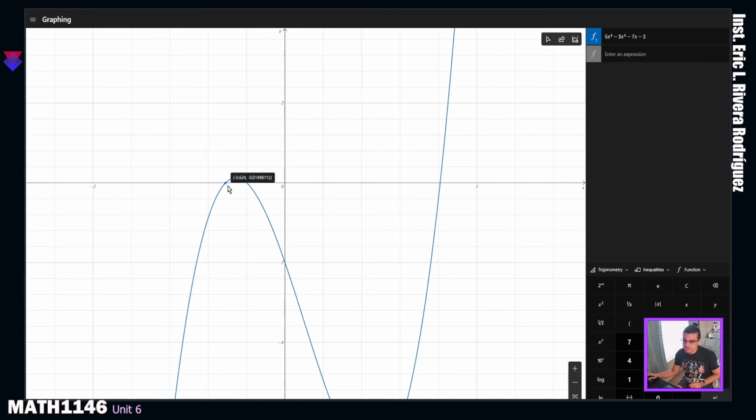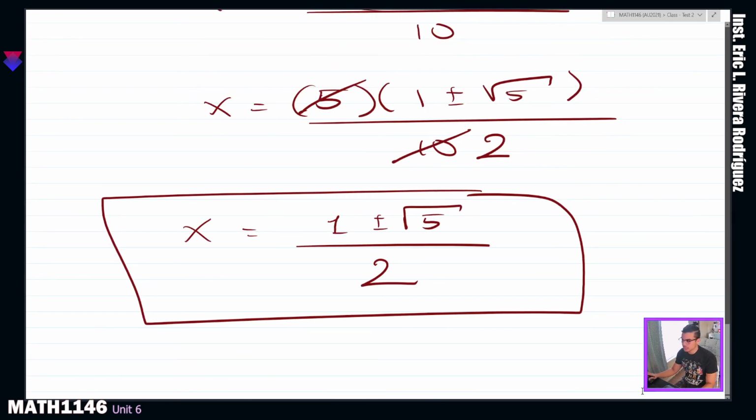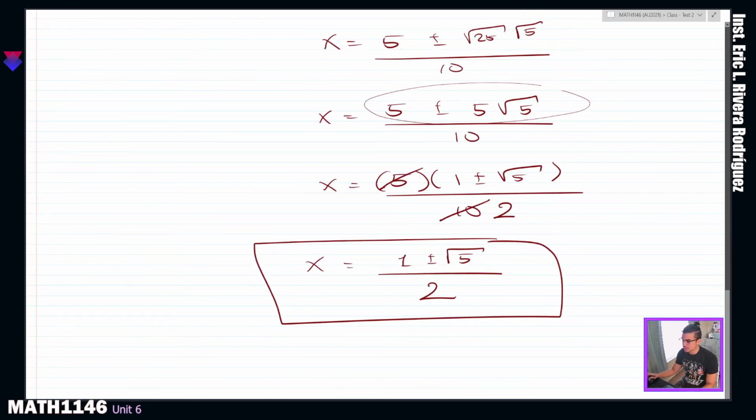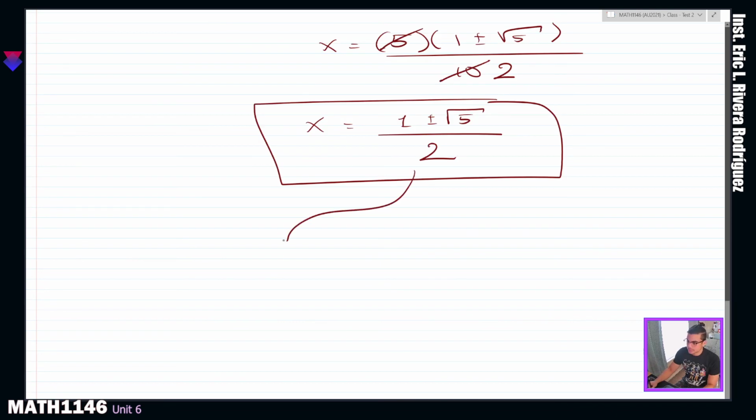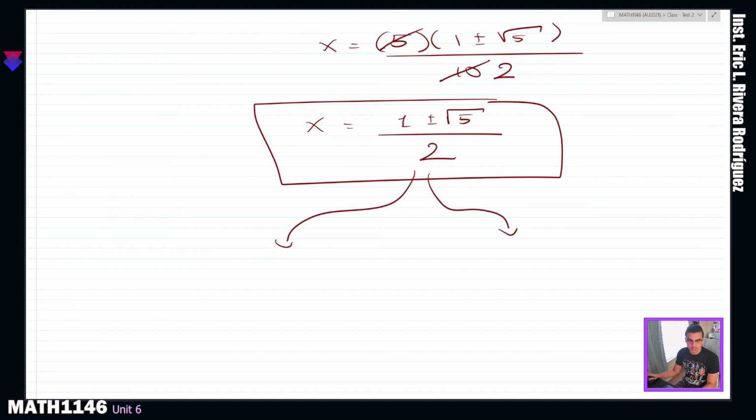Negative 0.623 and positive 1.616. Okay, we can confirm that. We can go to our calculator and make sure that, yes, indeed, those values are those. Can you help me with the decimal representation of this? Okay, I will do it as well, but I want you to do it so we can agree on the number that we are getting.